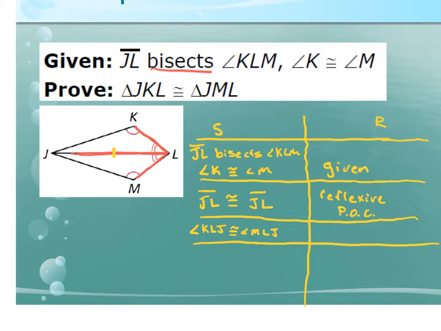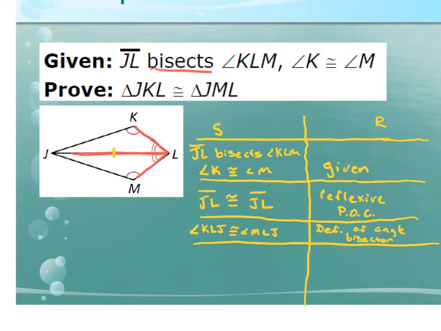Definition of an angle bisector. You took the definition and what it means. So everything that is drawn on the picture is now explained on the two-column chart on the right.